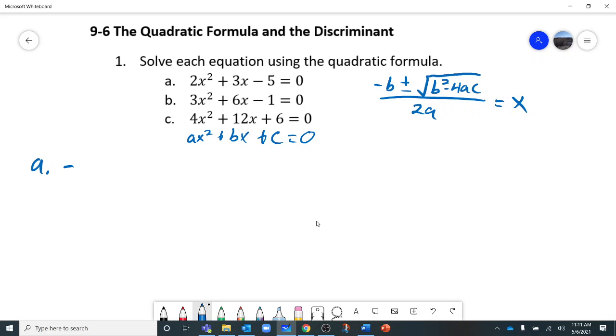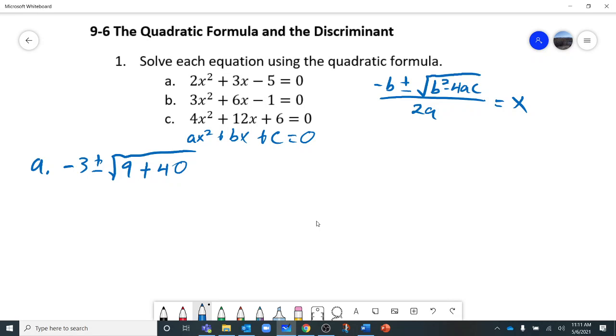So we have negative 3 plus or minus the square root of negative 3 squared is 9 minus 4 times a, which is 8, times negative 5, which is negative 40. So that becomes a plus 40.